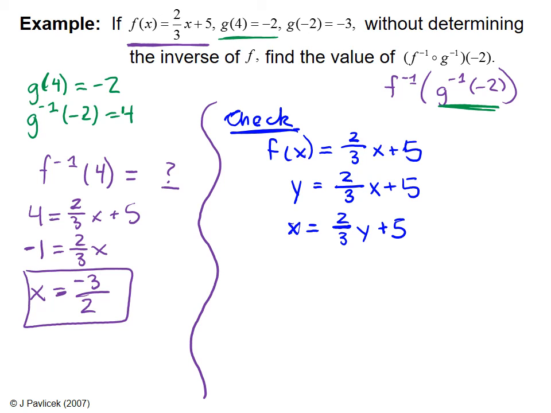So x minus 5 equals 2/3 y. Then you multiply both sides by the reciprocal. y equals 3/2 times quantity x minus 5. And to be honest, I would just stop right there. That is f inverse of x.